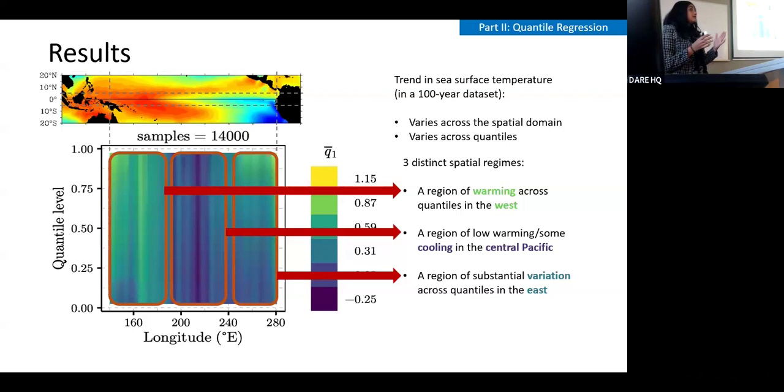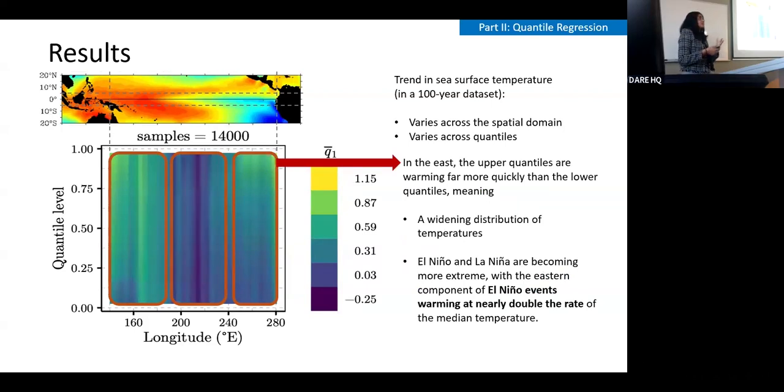And what that implies is that the distribution is actually diverging over time, because the lower quantiles are sort of staying stable or decreasing. The higher quantiles are increasing, and the higher quantiles are increasing at a rate quite a bit faster than the median.